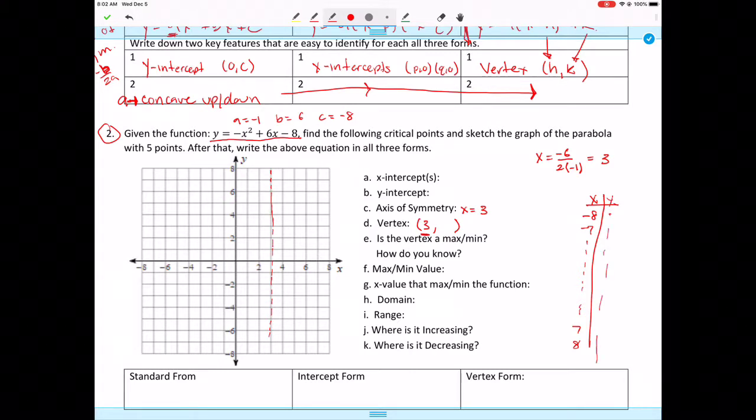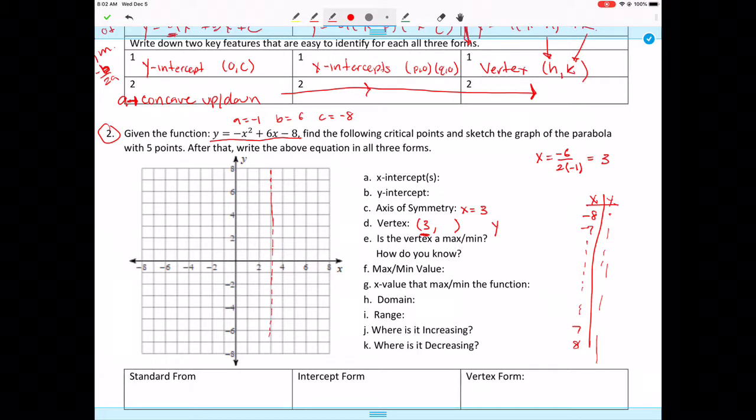And you could graph that way. That would be acceptable. It would take quite a bit of time, but you could do that. But really, you want to do that when you don't have the vertex. When we have x and we want to find y, we'll just plug it into our equation.